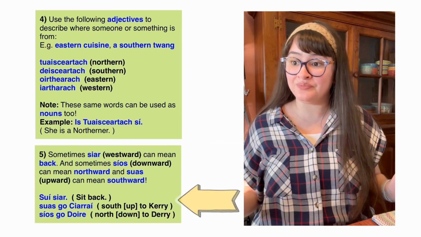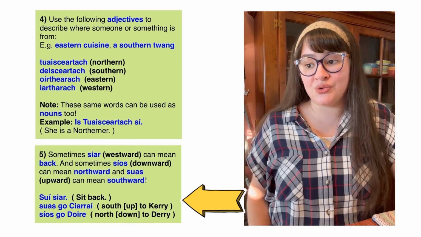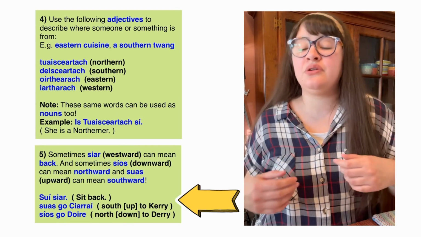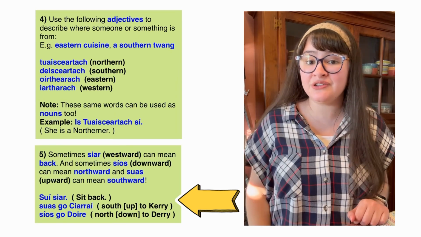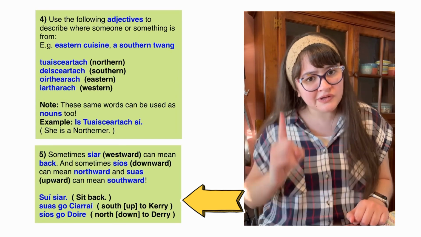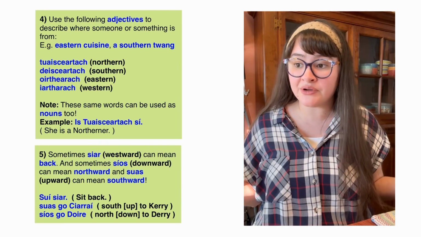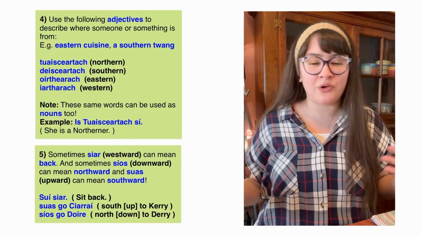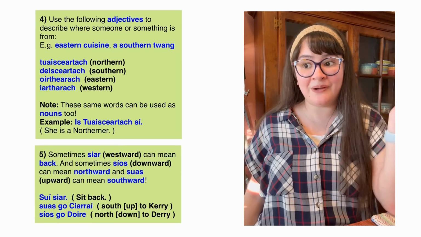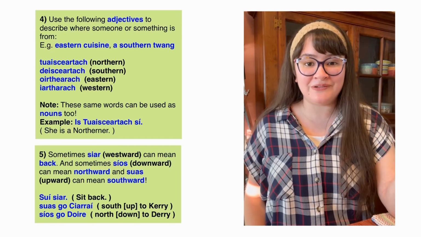So, for example, sit back, see sheer, suis go carry, south, up, to carry, she's go day, north, down, to dairy. Again, I don't know, there might be a really, really smart reason why it's said like that, or a historical reason, I'm not sure, but it seems a little bit funny to my brain just because I'm not used to that. But something to be aware of.